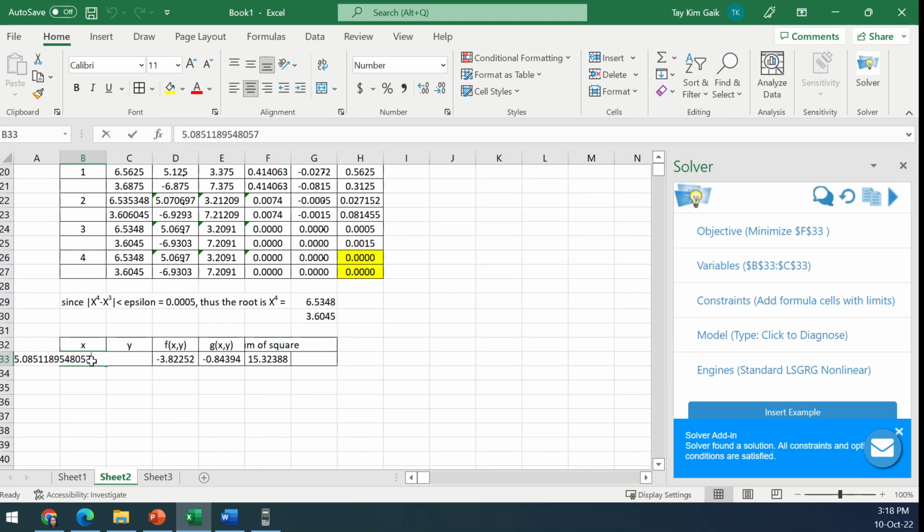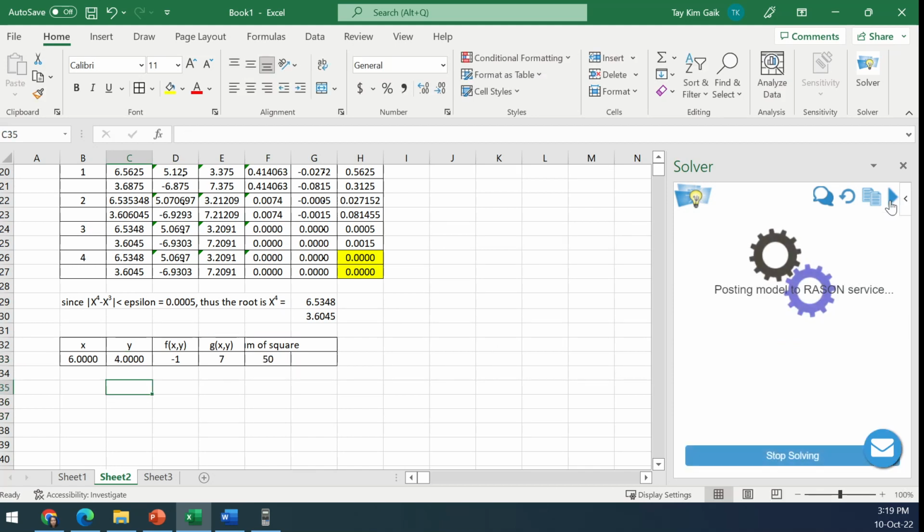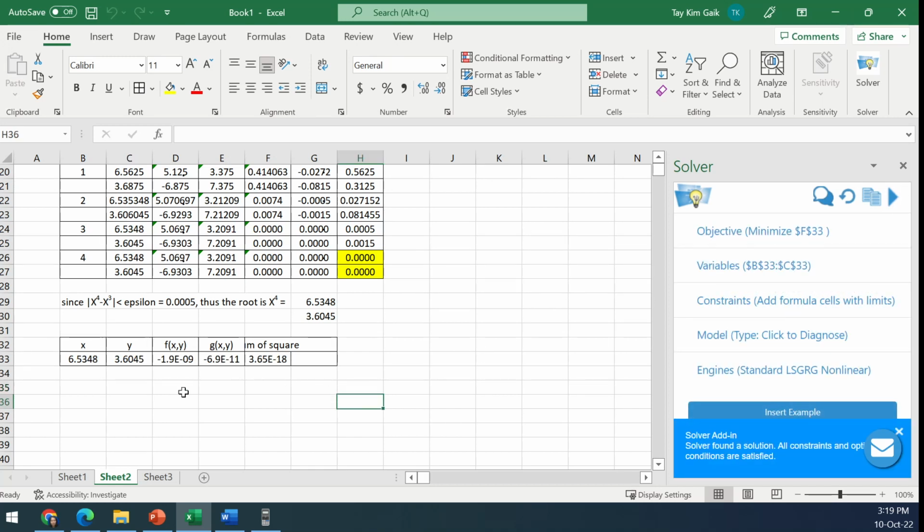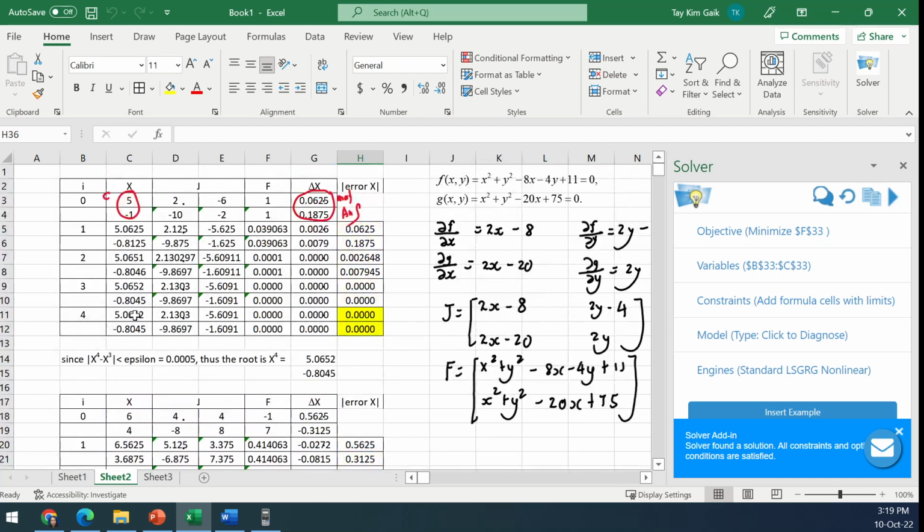But 64 is correct. The first root is not accurate. Only 64. The top root we can obtain correctly, but the second one we keep getting 5 and 0.